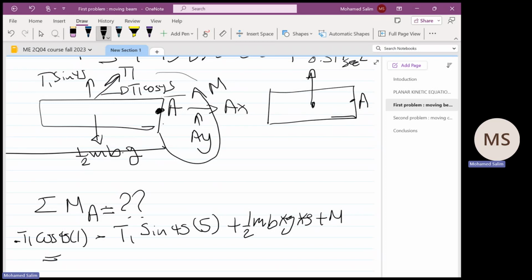What about Ex and Ey? Wouldn't it be 0 because the distance is 0 from A? That's it. When you want to calculate the moment of a force and this force is passing through your point of interest, the moment equals 0. Good?